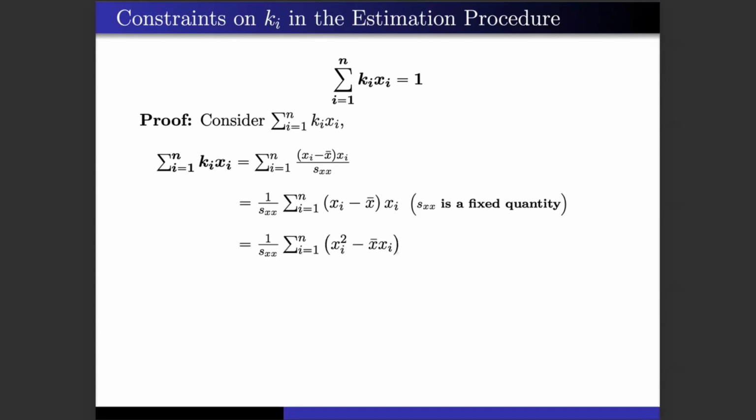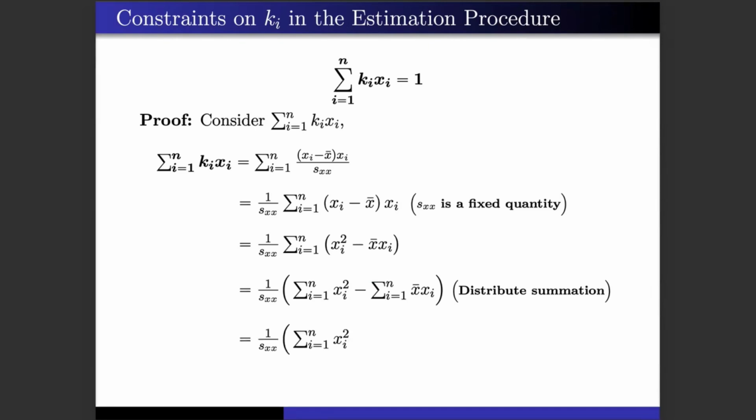In the next step, we use the distributive property of multiplication and multiply this xi first with xi and get xi square, and then multiply xi with x bar and get x bar xi. Then we distribute the summation sign over both the terms, xi square and x bar xi, and get this expression as summation xi square minus summation x bar xi.